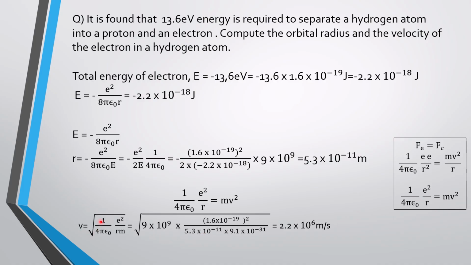So v is equal to square root of 1 by 4 pi epsilon 0 e square by r into m. 1 by 4 pi epsilon 0 is 9 into 10 raised to 9. e is 1.6 into 10 raised to minus 19. r is 5.3 into 10 raised to minus 11. The mass of electron is 9.1 into 10 raised to minus 31. On solving, we get the value of v as 2.2 into 10 raised to 6 meter per second.